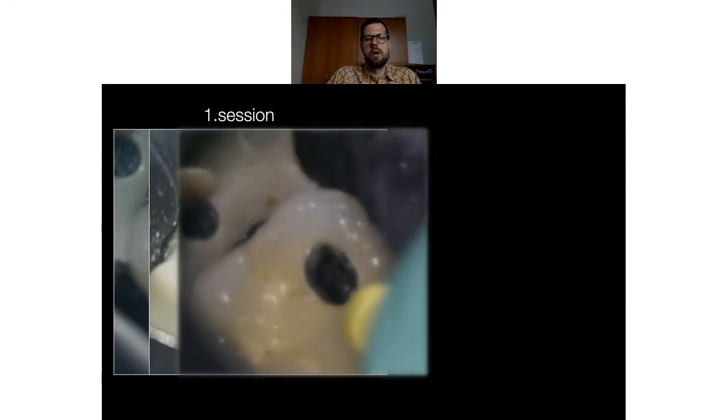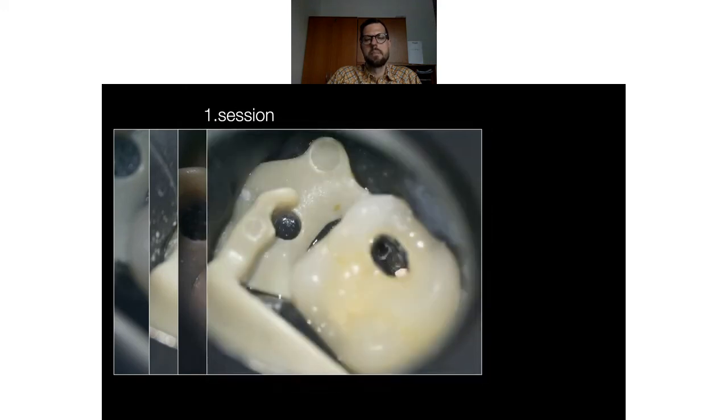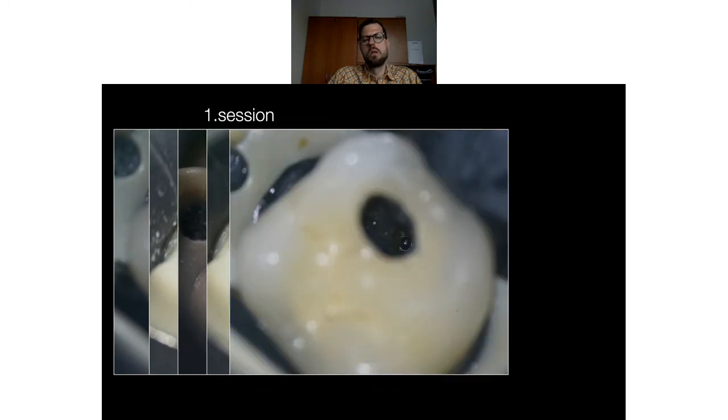And I made a preparation, and here is the preparation, and I also did the retreatment in the MB2, because there is a slight chance there is some communication between the MB1 and MB2. So if we are doing such a case, I always recommend also to retreat the MB2, because there can be some communication.